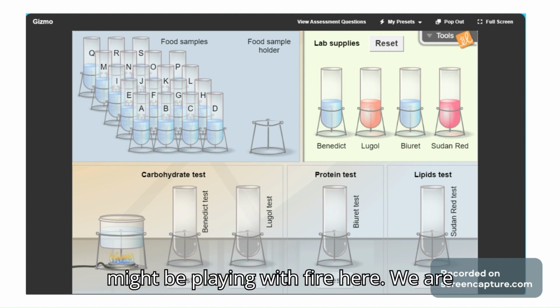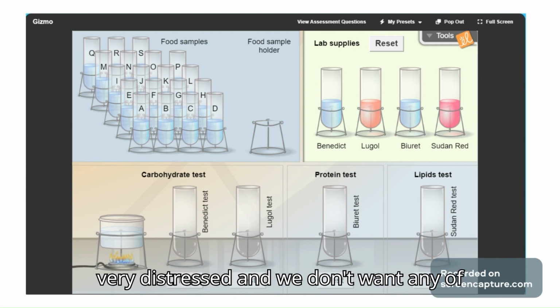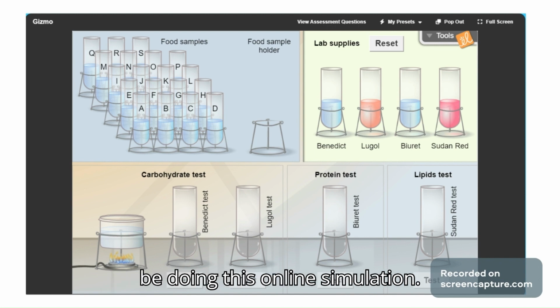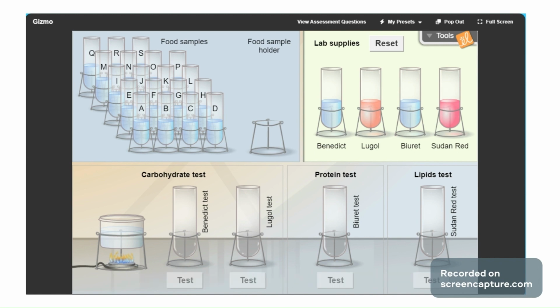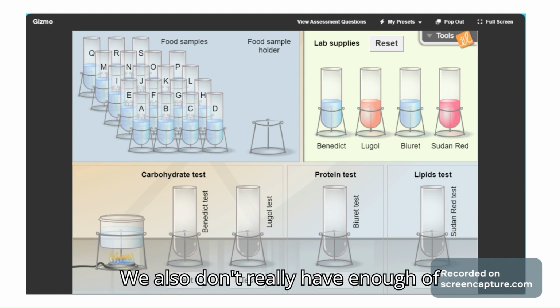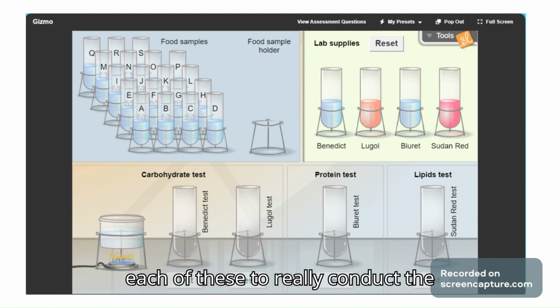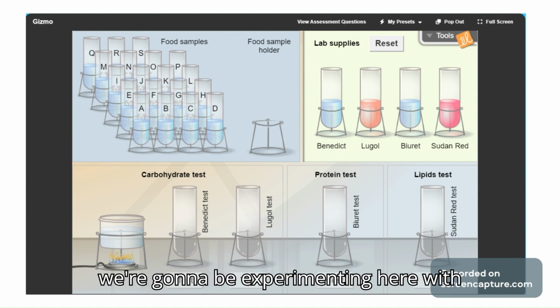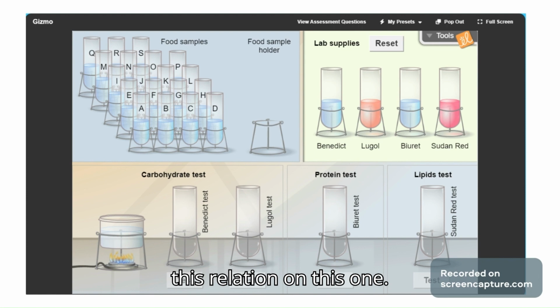Also, we might be playing with fire here with our Benedict's test, and we don't want any of you to get hurt. So we're just going to be doing this online simulation. We also don't really have enough of each of these to conduct the experiments as we really want to. So we're going to be experimenting here with this simulation on Gizmos.